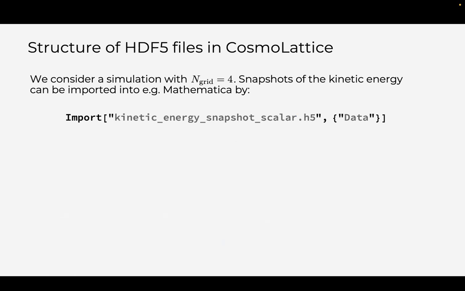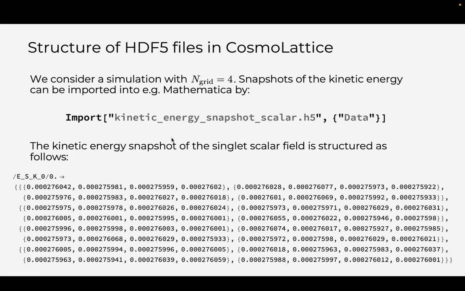Okay, now if we consider as an example a simulation with 4 grid points, just very small, just to illustrate, and import again, let's say the kinetic energy snapshot into Mathematica, we really have this list. So you have your kinetic energy snapshot of your first field at the 0th time here, and then you have here your different data sets, right?